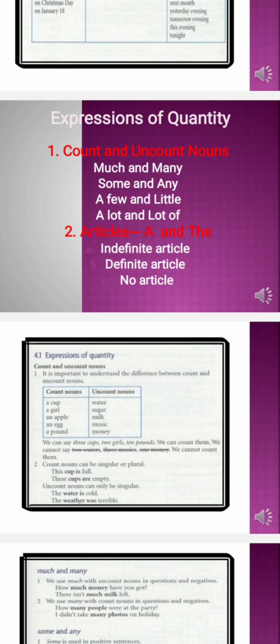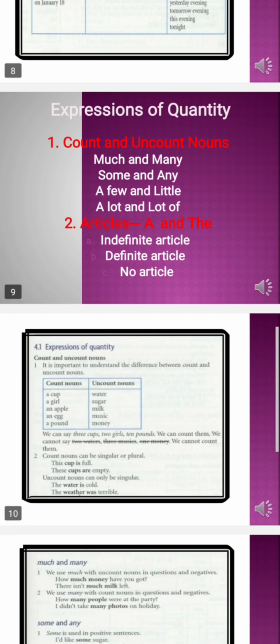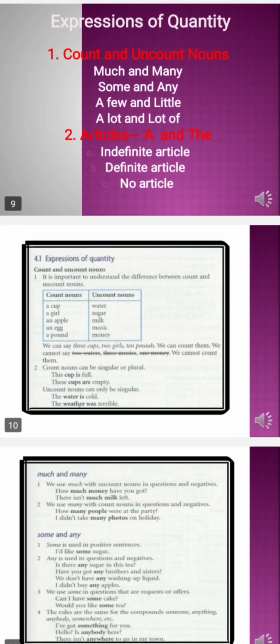Number 2, articles, a and the, which consists of the definite article, the indefinite article, and no article.